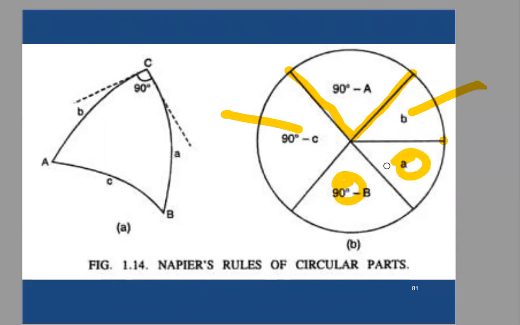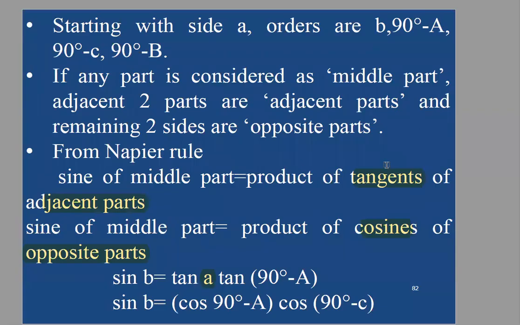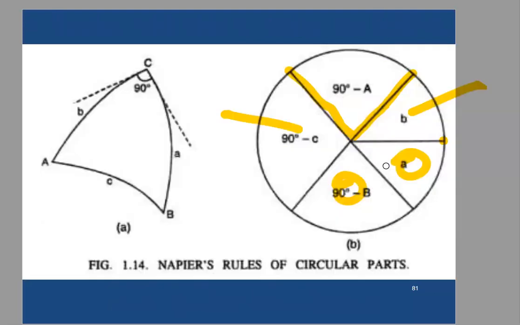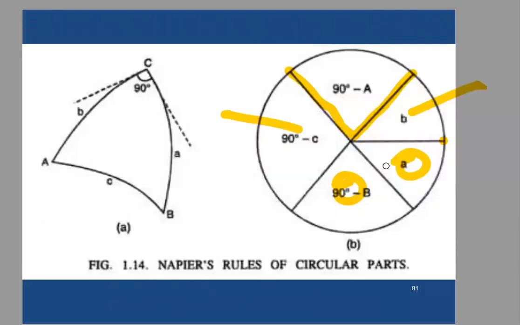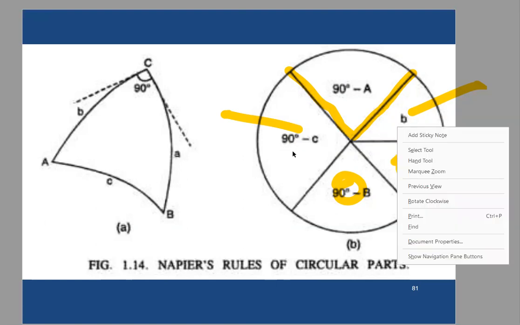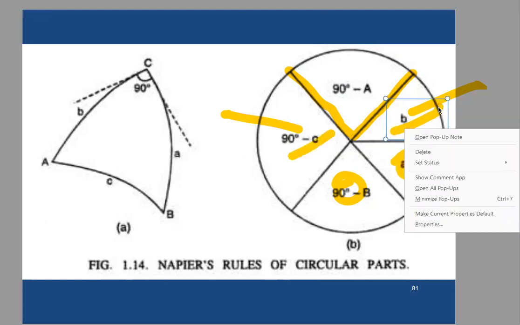If we need to calculate the sine of 90 minus A, then either we can use the tangent rule or the cosine rule. For the tangent, sine of 90 minus A will be tan of 90 minus C multiplied with tan of b.